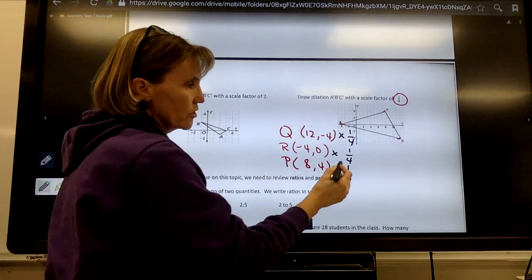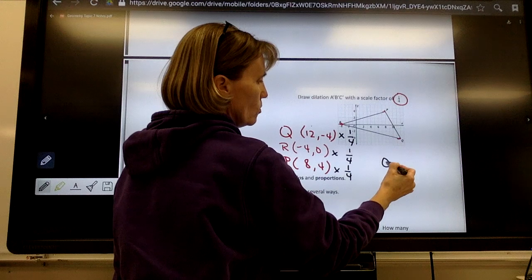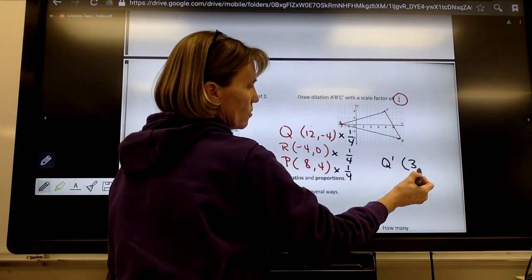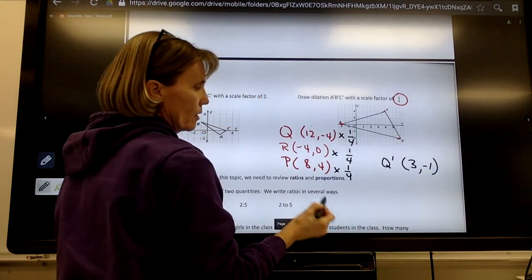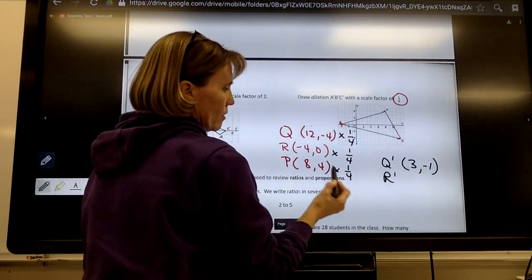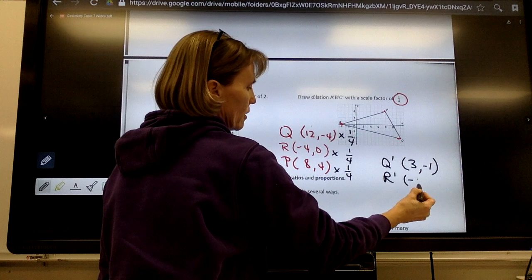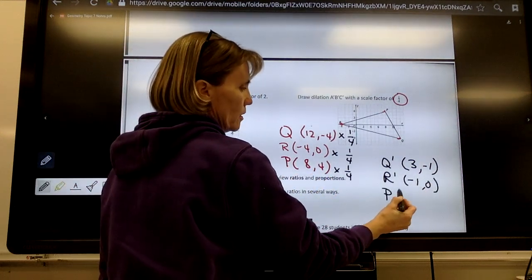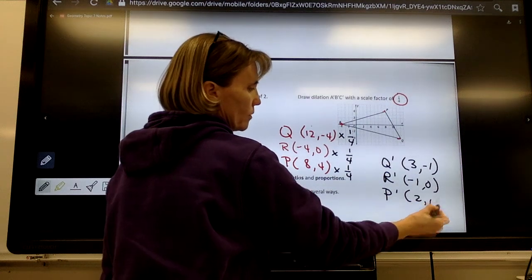Dividing by 4 is the same thing. So my Q, if I divide each one of these by 4, I'm going to get a new value of 3, negative 1. With R, if I divide these by 4, I'm going to get negative 1, 0. If I divide these by 4, my new P is going to be at 2, 1.